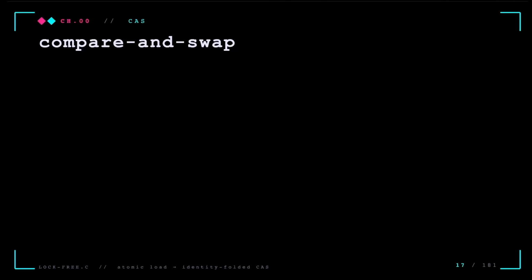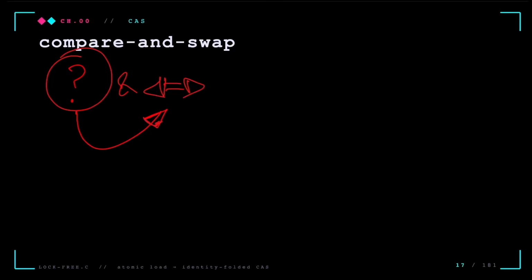The next thing we want to talk about is compare and swap. Compare and swap, again, let's reason a little bit about the name. There is compare, so it's like a condition: is something equal, bigger, smaller, etc. And swap. So the idea is that we're going to have a condition, and if that condition is satisfied, we're going to perform a swap.